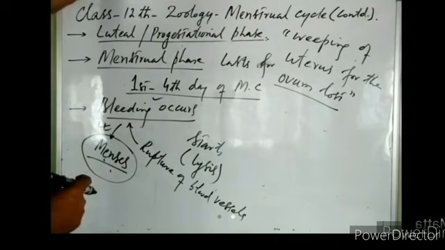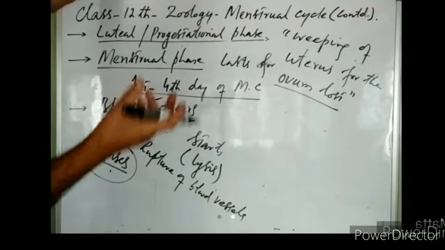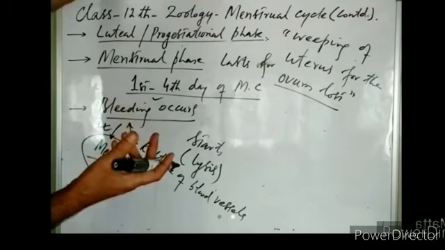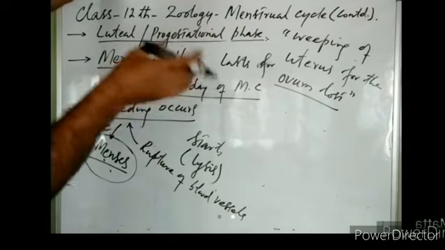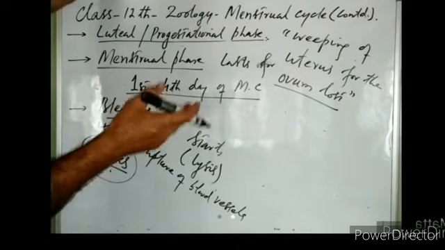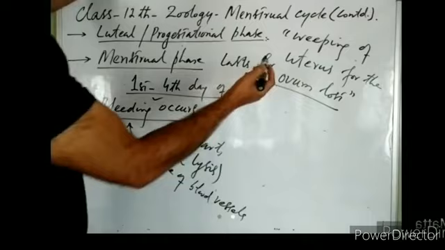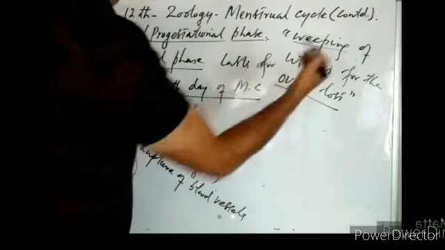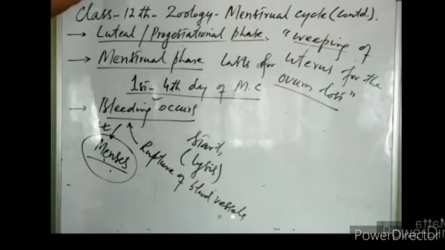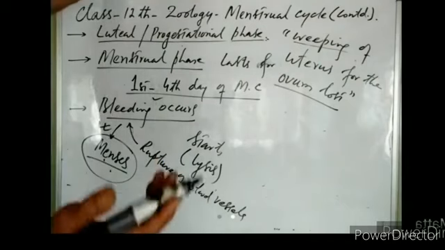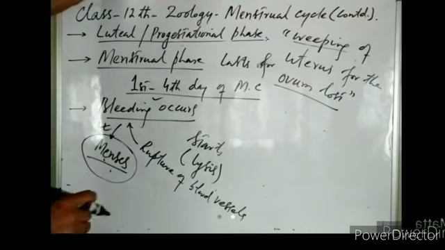This blastocyst is not implanted, and the preparations of the uterus go waste, right? Then this uterine endometrium breaks down, and for that reason, we say that this uterus is now weeping for the ovum lost, because the ovum was not fertilized.